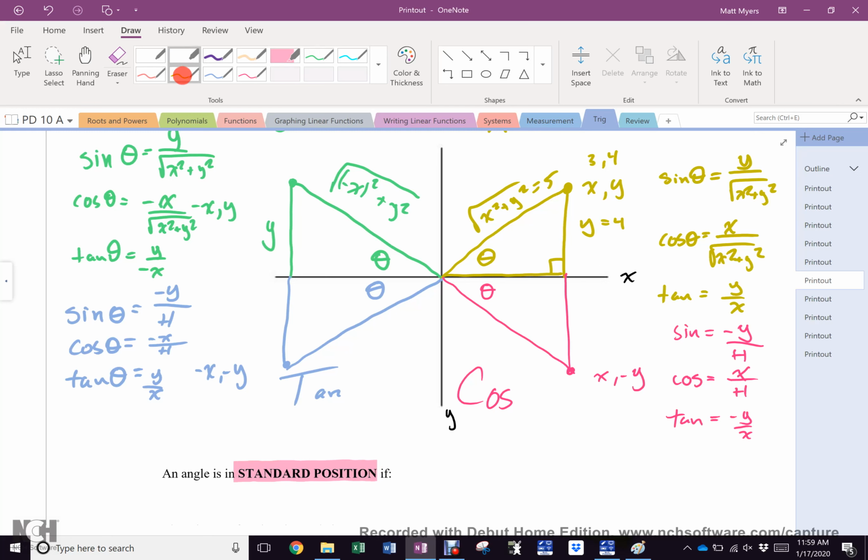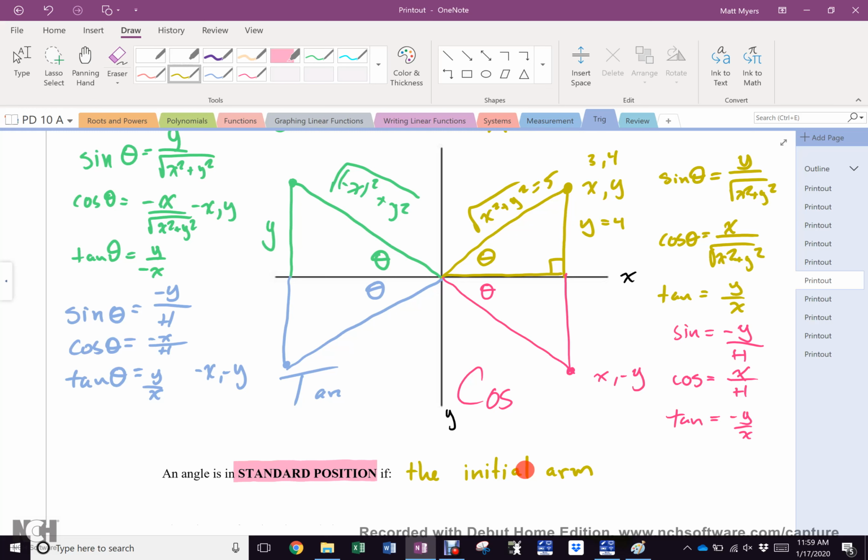An angle is in standard position if the initial arm. Have you seen that word before? Have I used it? Initial? No, that term, initial arm. Have I used it? I've heard you say it. I don't remember. Okay, what does initial mean? First.